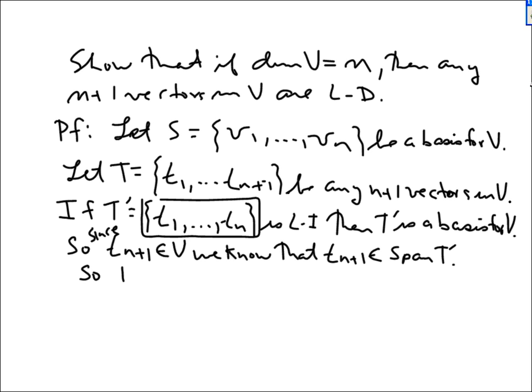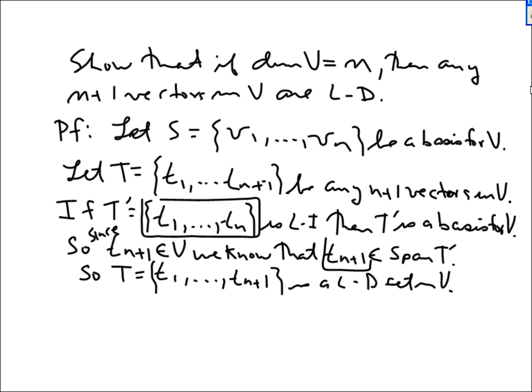So T, which is T1 up to Tn plus 1, is a linearly dependent set in V. Why? Because this vector is a linear combination of these vectors. So that's the first part.